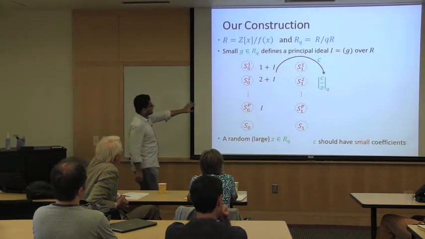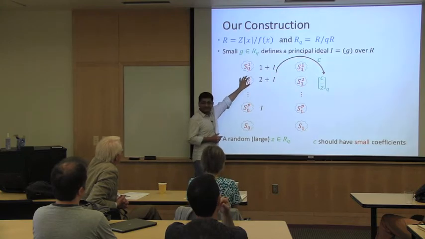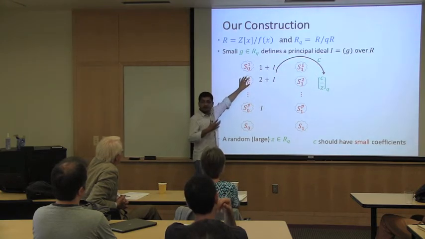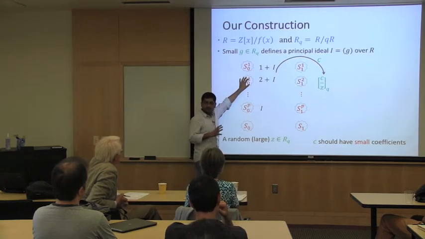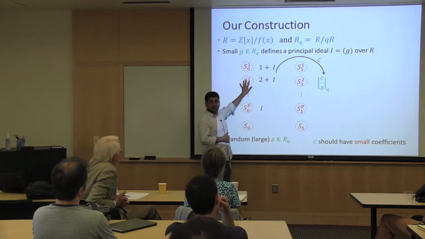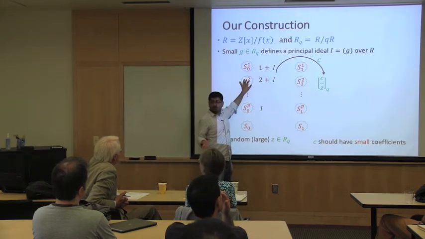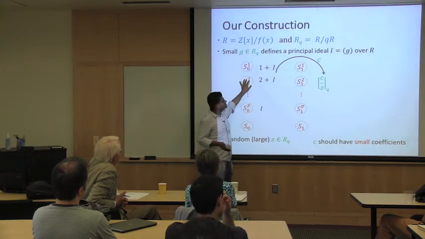So this is an element in R, but I'm going to sample a small element in this set. I had a requirement that things are only going to work for something small. I didn't tell you how to sample, but if I somehow got hold of a small element in this set, then it's the same element in RQ, because Q is very, very large.